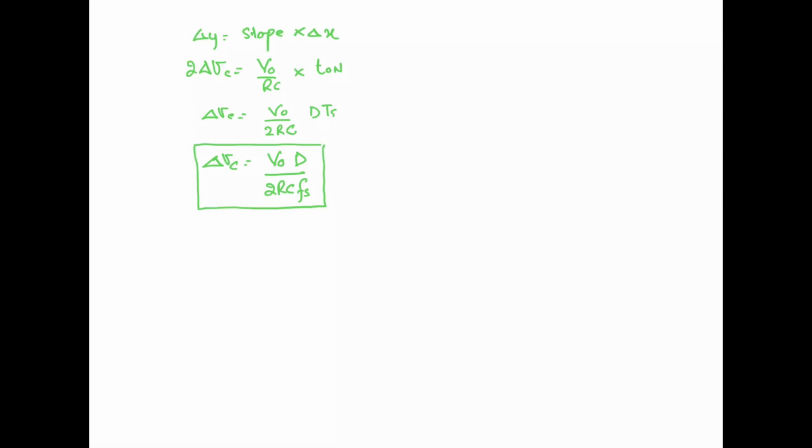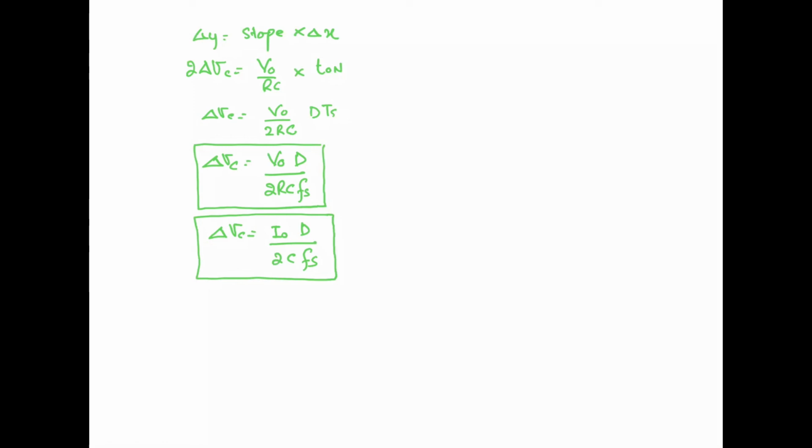So what is V naught by R? V naught by R here can be written in terms of the current. So I can say delta Vc is equal to I naught into D divided by 2CFs. So you can also write the voltage ripple in terms of the load current, which is I naught. This is the analysis equation.